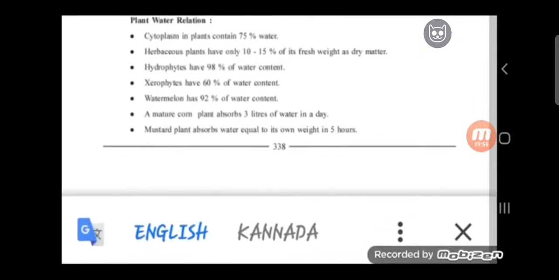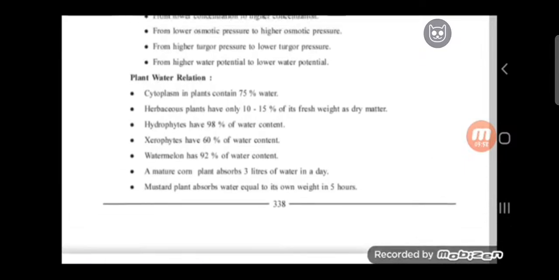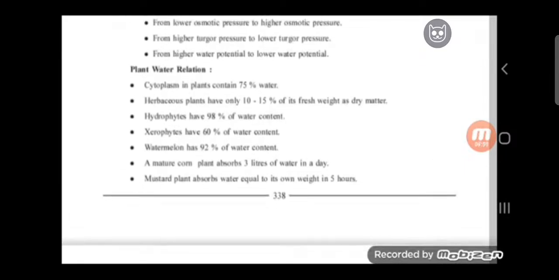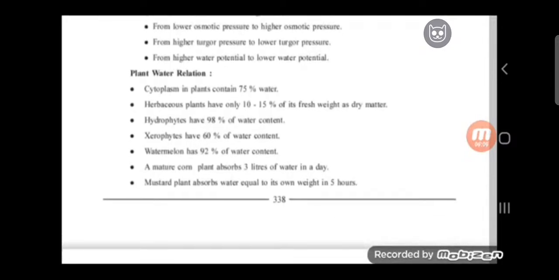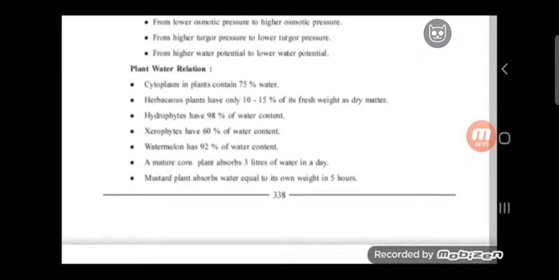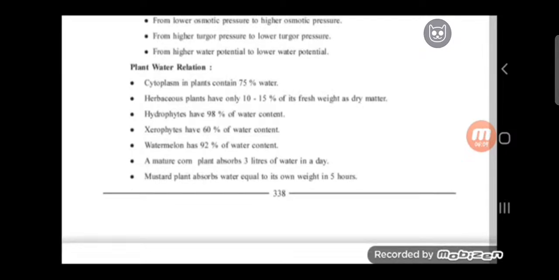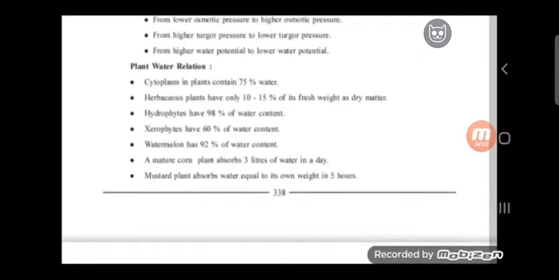Next is plant water relations. The cytoplasm present in plants contains around 75% water, as you learned in this chapter. Herbaceous plants have only 10 to 15% dry matter of the fresh weight, and hydrophytes have 98% water content.